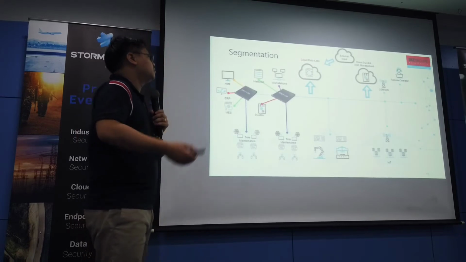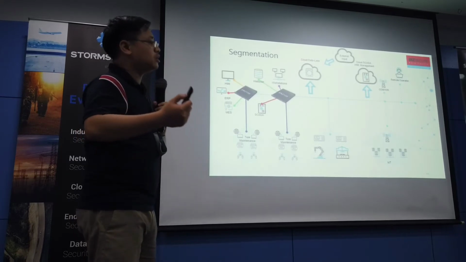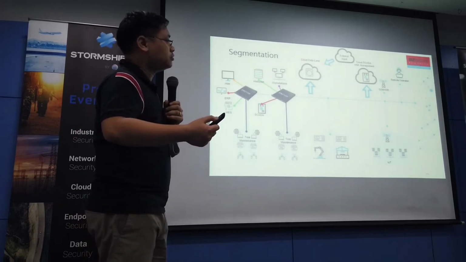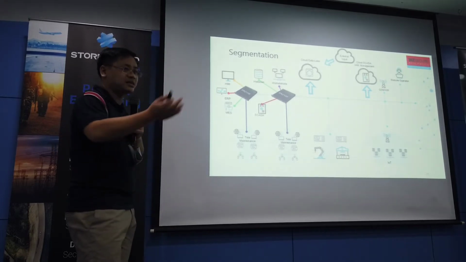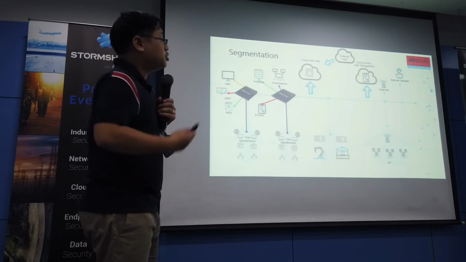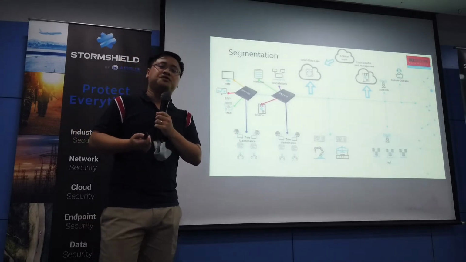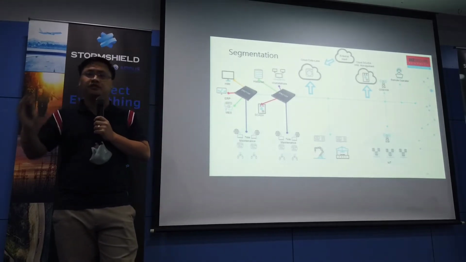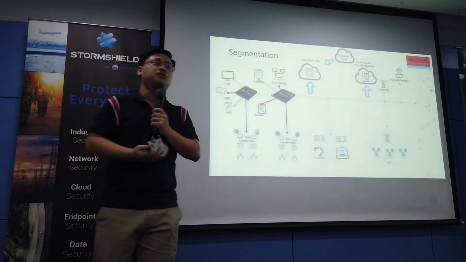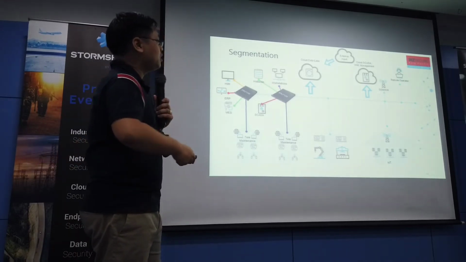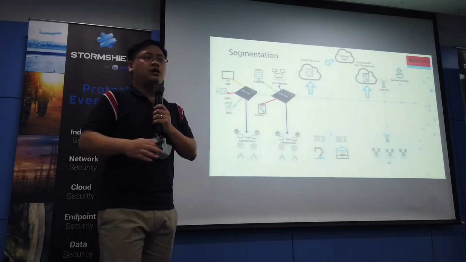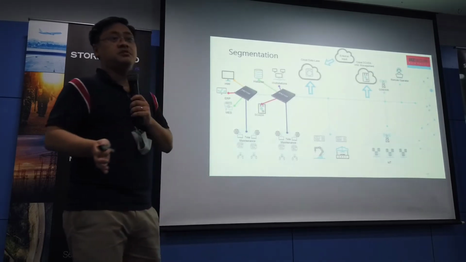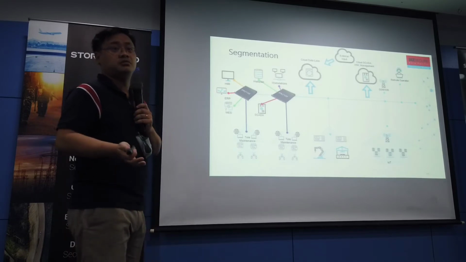Stormshield not only provides firewalls for OT, they also have classic IT firewalls. But the main goal of Stormshield is to provide a unified system. So what does it mean? It means that whether you have an IT firewall or an OT firewall, it's the same system.